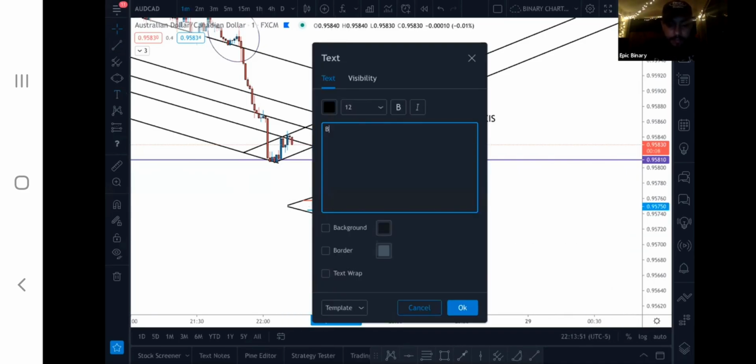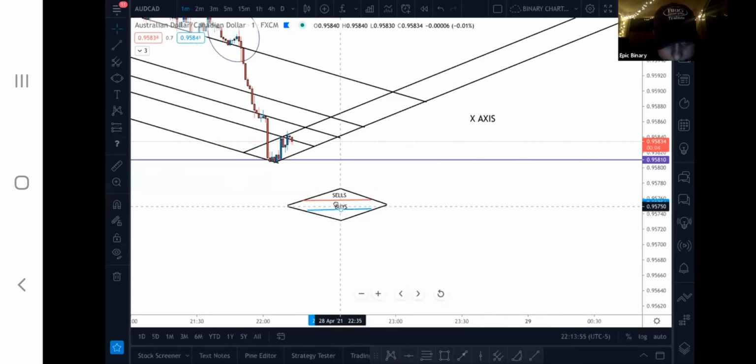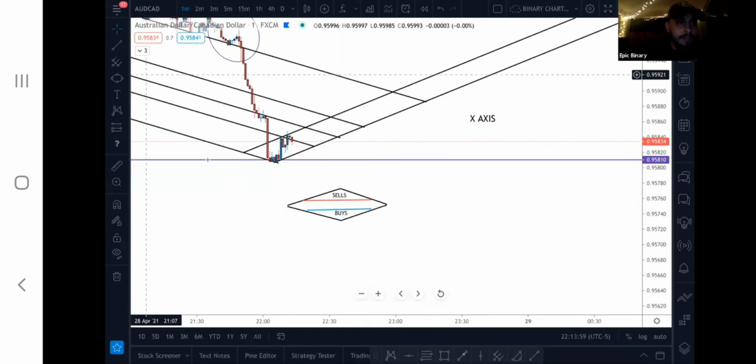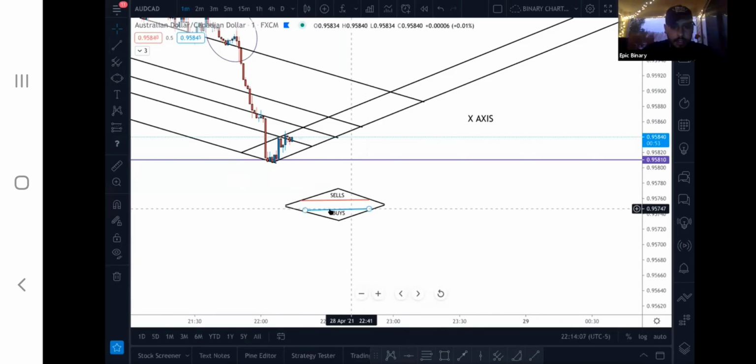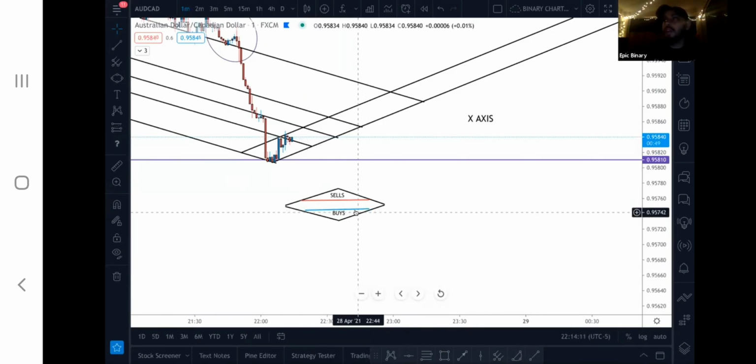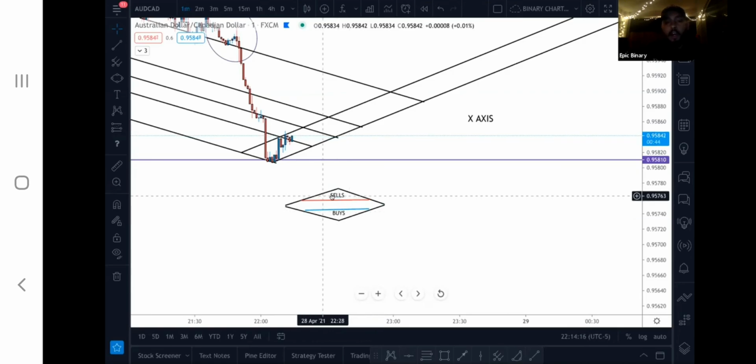All right. And what I mean by that is when price is below this blue line, you're going to be looking for buys. When your candle body opens above this red line, you're going to be looking for sells.